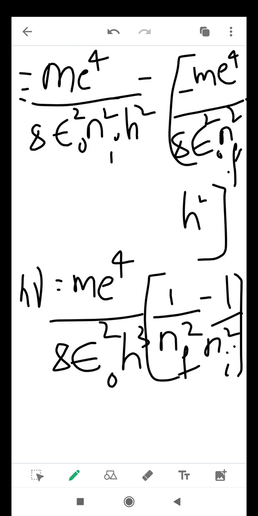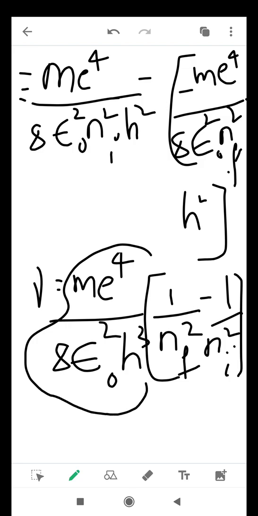So now this expression is only for nu. Now this constant is said to be, with the value of c, the Rydberg constant.